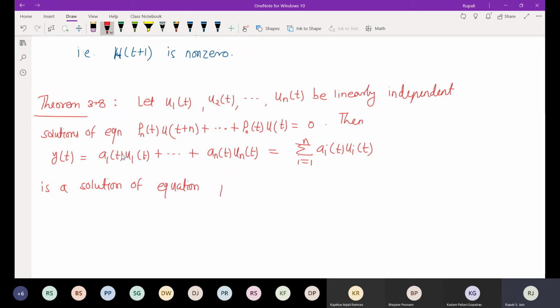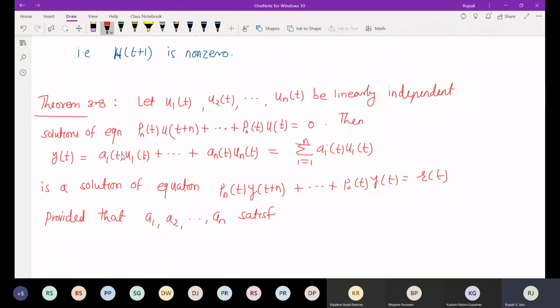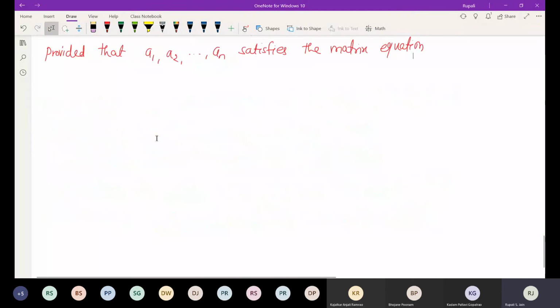Now a solution of the non-homogeneous equation Pn(t) y(t+n) plus and so on P0(t) y(t) is equal to R(t), provided that A1, A2, ..., An satisfy the matrix equation W(t+1), the Wronskian, into delta A1t, delta A2t and so on delta Ant is equal to, what is the first one?